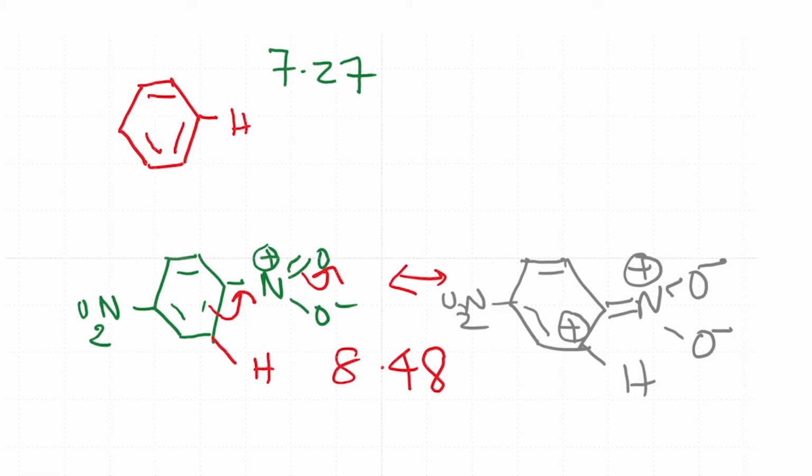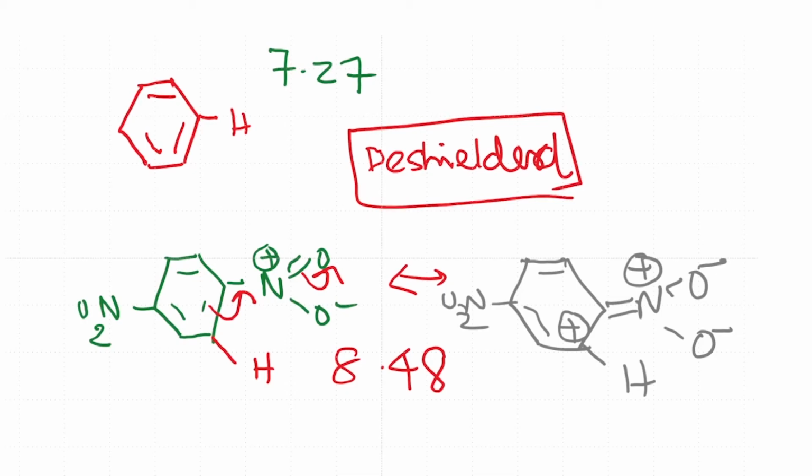So what happens is that because it's an electron withdrawing effect, the electron withdrawing group makes it more deshielded. Okay, so as you remember from the previous examples, anything that removes electrons from the nucleus is going to lead to more deshielding. So therefore nitrobenzene is more deshielded when compared with benzene.